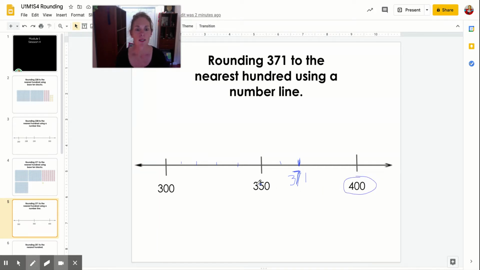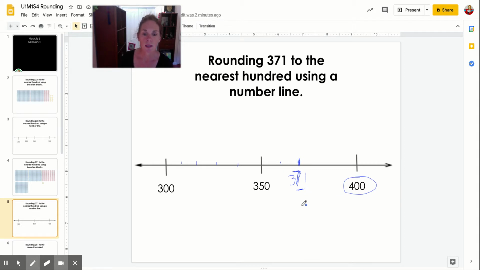And if we didn't have a number line, we could know that it would round to 400 because of the 7. So when you're rounding to the nearest 100, you're going to look at the tens place. And in this case, there are 7 tens. 7 tens means that you're rounding to the higher 100.